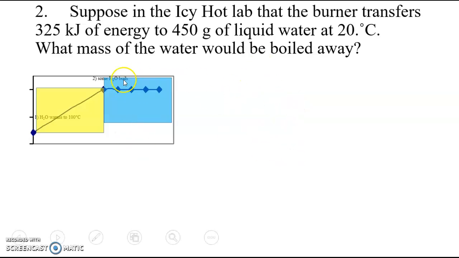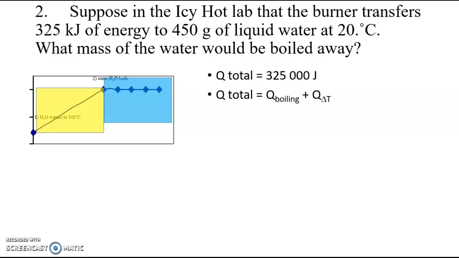So it asks what mass of the water would be boiled away. So we're going to have to figure out how much we have to spend here, and then how much mass we can afford at the end. So our total energy is 325,000 joules. Again, they gave it to you in kilojoules and expected you to convert that to 325,000 joules. We know that total energy, the 325,000 joules, has to take care of both the boiling and the change in temperature.